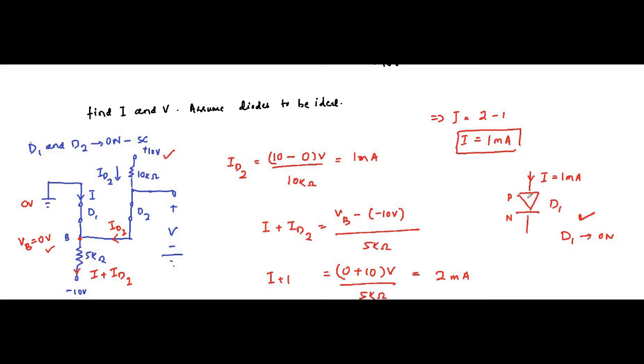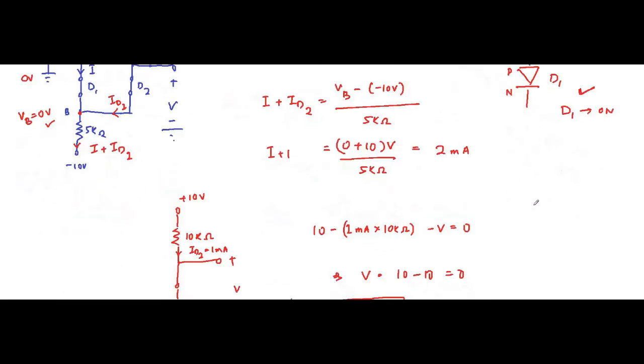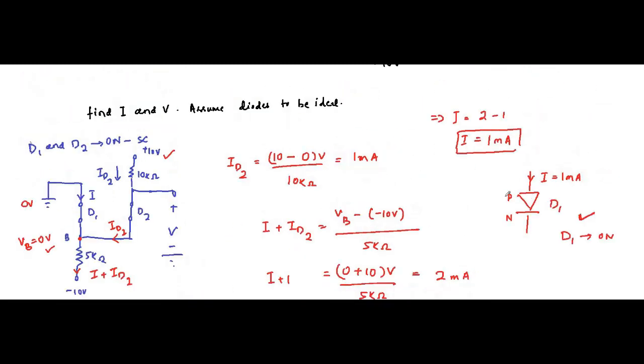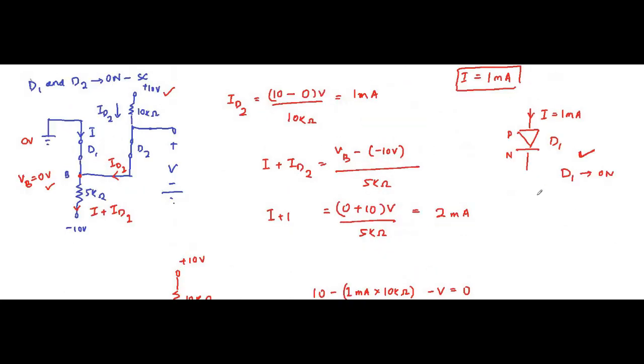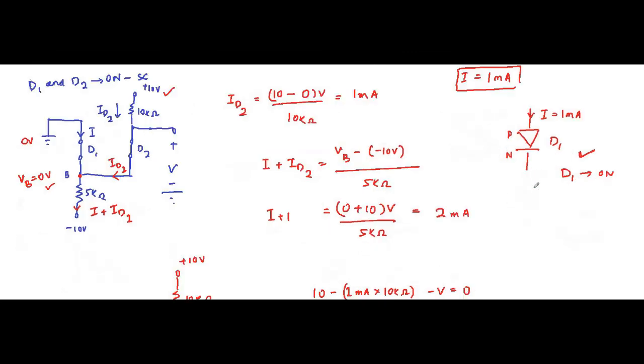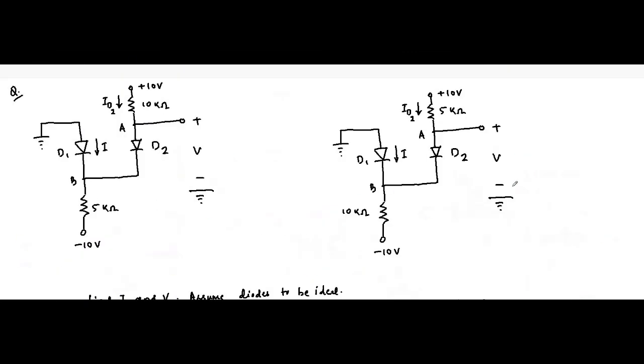If it comes out positive, it means it is flowing from P to N and the diode is on. If it comes out negative, it means the actual current direction is opposite to the assumed direction, and current can never flow from N to P end of a diode, so our assumption is wrong. It was wrong in the second case.